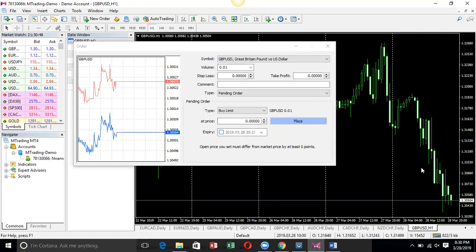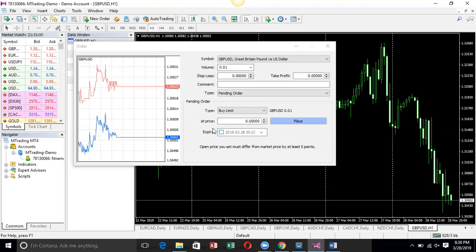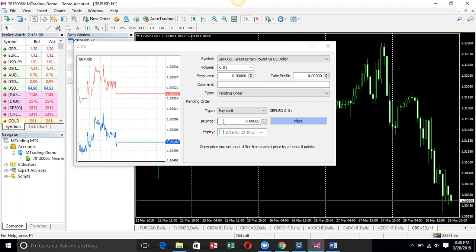So at price is your choice price away from the current market price. I say it again: at price is your choice price away from the current market price.